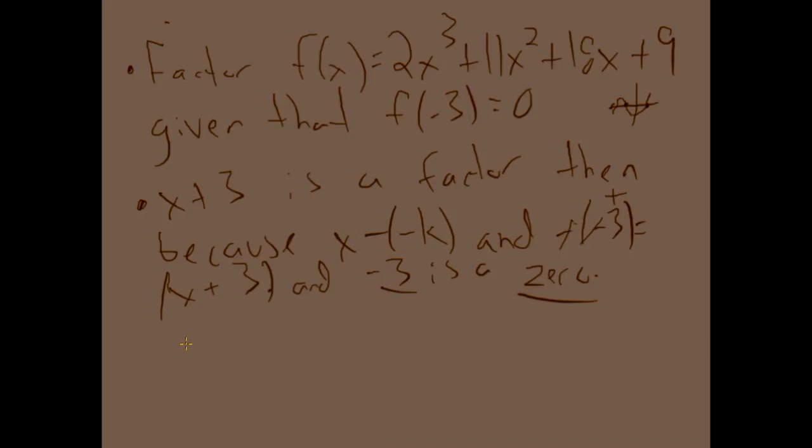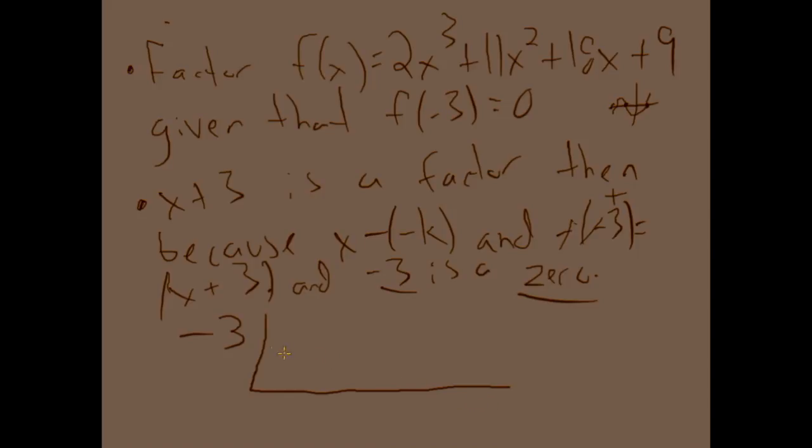So again, we'll start out with the synthetic division. All right. So first we get the negative 3. We know this is a factor, so when we use synthetic division, it's all going to come out to 0. There will be no remainder, and this will give us another factor.